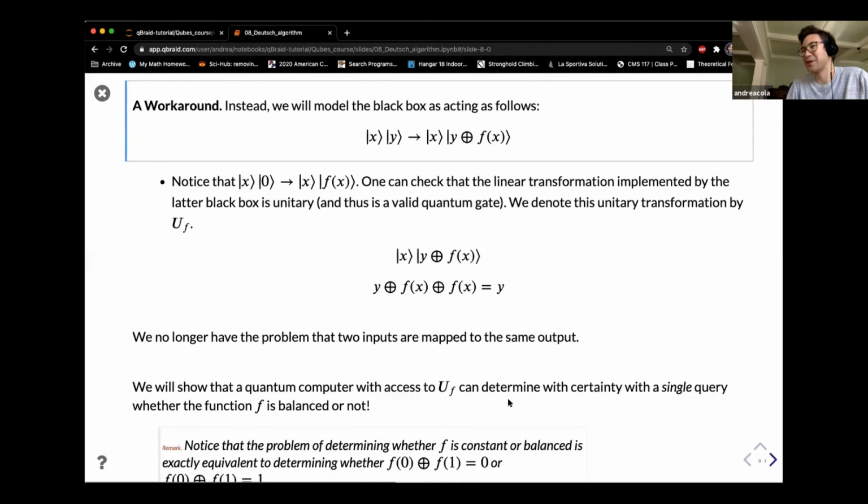So you're still allowed to query it once, use this unitary gate once in your circuit, and that will be enough for you to determine with certainty whether F is balanced or not.